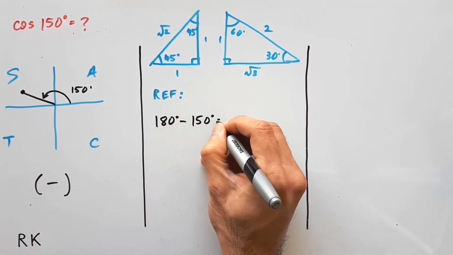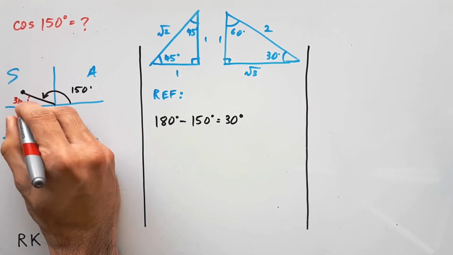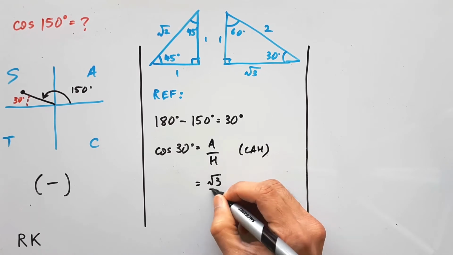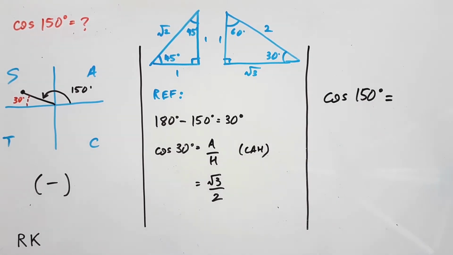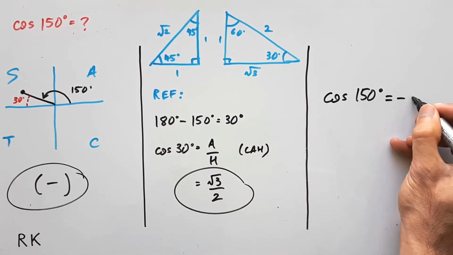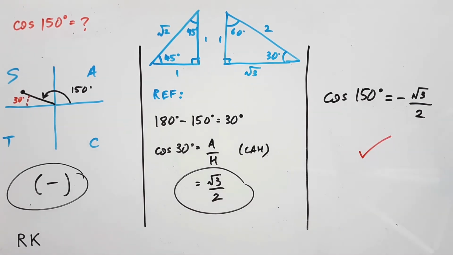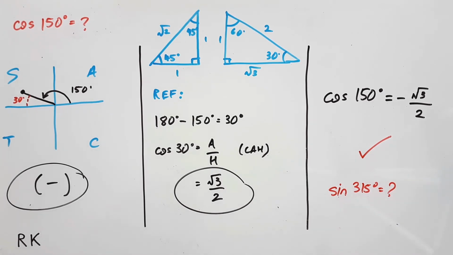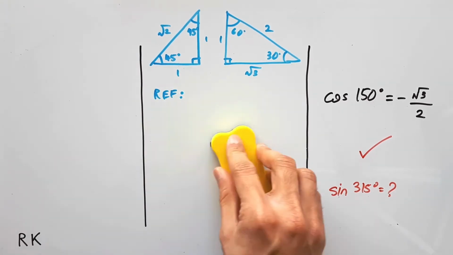The reference is 30 degrees, so from our special triangles, we find cos 30 is root 3 on 2. So cos 150 degrees is negative root 3 on 2. Done. How did you go? You can even try out sine 315 degrees now if you haven't done so yet, and then just rewind the video for the solution. Otherwise, let's tackle the next question.